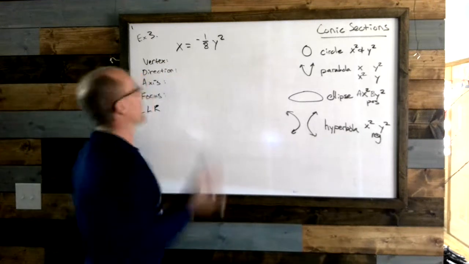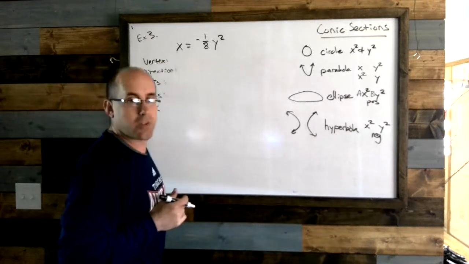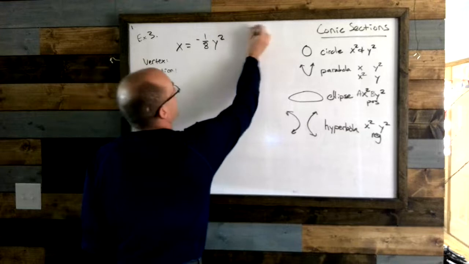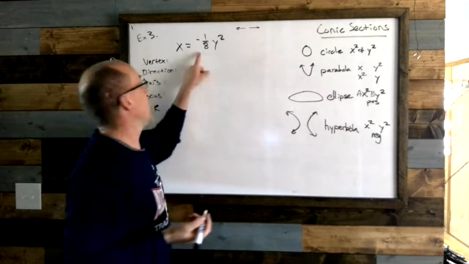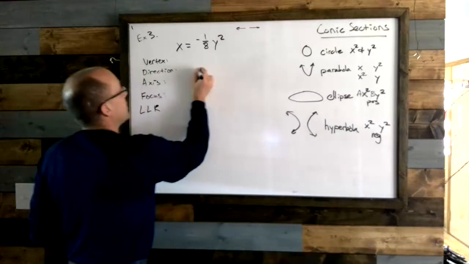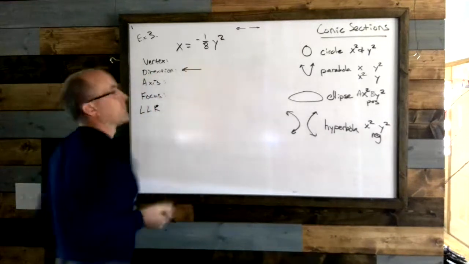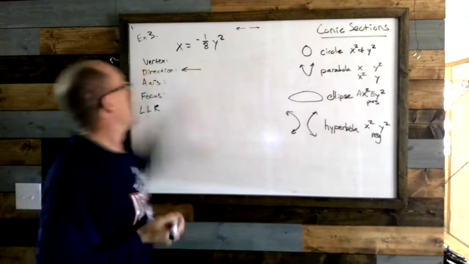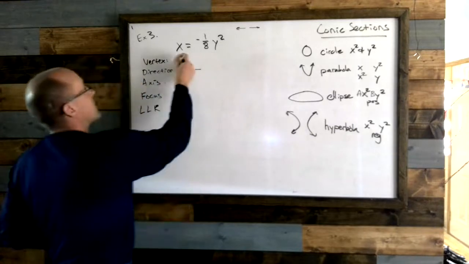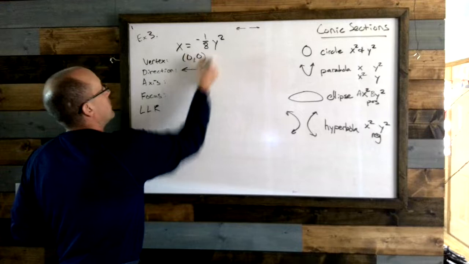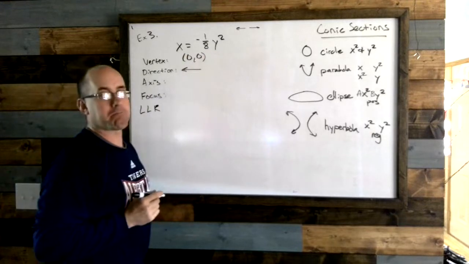So first thing I notice is since it's x equals, it's horizontal. It either goes to the right or to the left. Because it's negative, it's going to head in the left direction. Just a y squared, there's nothing added on, so our vertex is 0, 0. Okay.